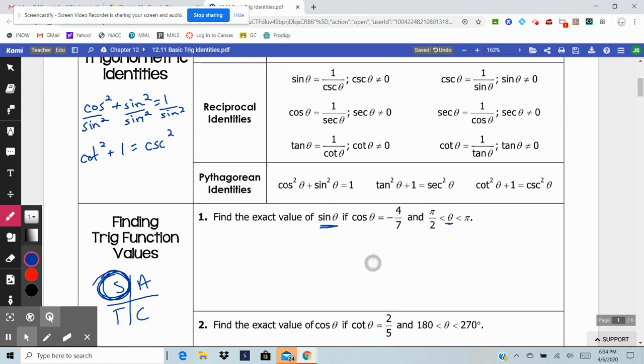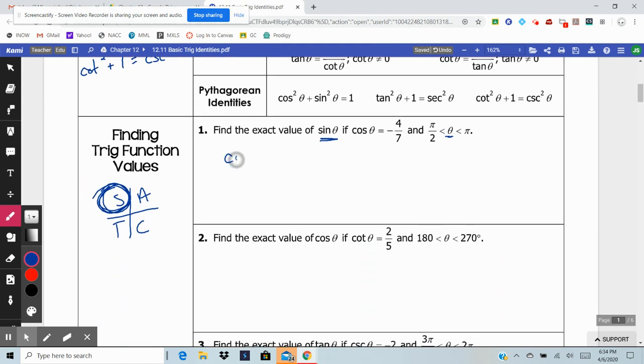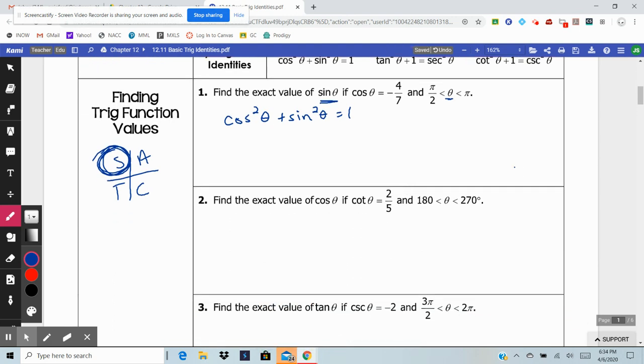Okay, so if we know that cosine squared of an angle plus the sine of the angle squared is equal to 1, we can use that fact, plug in our cosine value here, and it's going to tell us what our sine value is equal to. So here we go. If the cosine is negative 4/7, plug that in for the cosine, and we have negative 4/7 squared plus sine squared is equal to 1, and we have a basic equation.